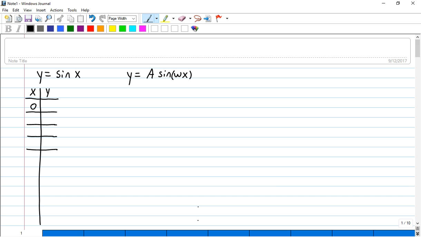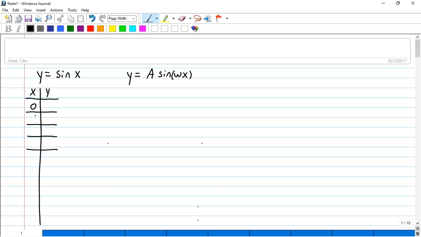Even though I've seen them written on graphs, and I learned these graphs using degrees in high school, when you learn that degrees aren't real numbers, it really doesn't make sense to write those degrees down when you're graphing these. So I'm just going to mainly write radians.